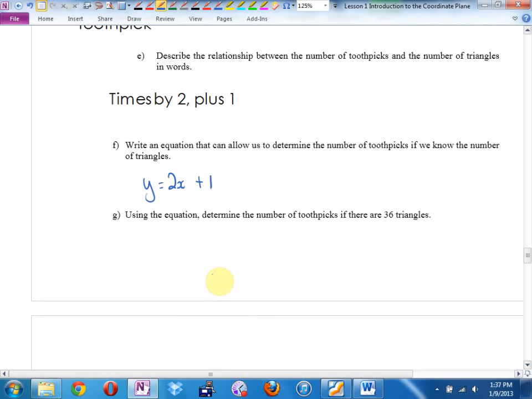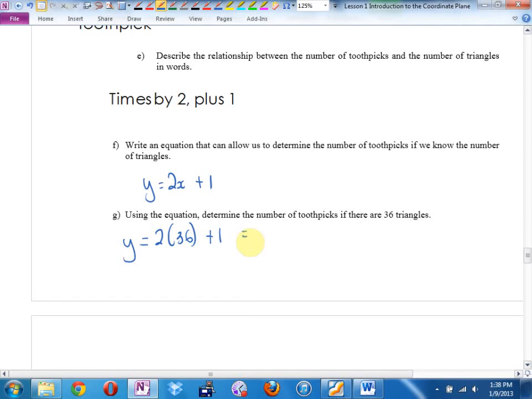Now, the number of toothpicks is on the y-axis, so 36 triangles, I think that's an x value. Do you need a calculator? Maybe you can do this in your head. Yep. 73. And that's way faster than trying to build the silly thing.